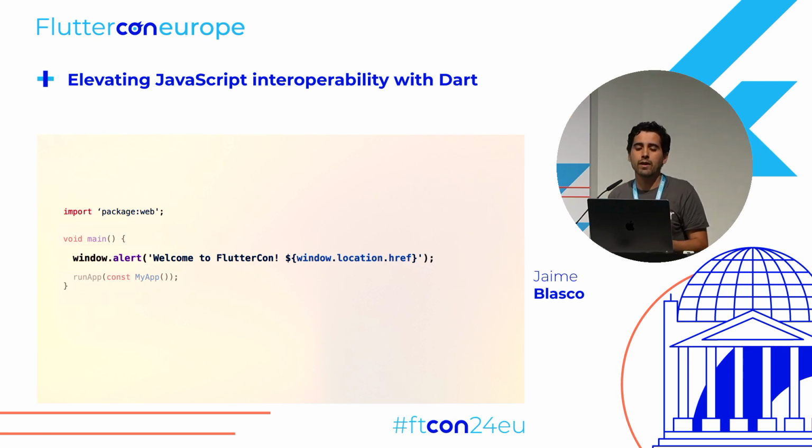But okay, we know how to use JavaScript types, but we are missing something big. We have here window, and window is an object in JavaScript, and we haven't learned yet how to create these JavaScript objects in Dart.